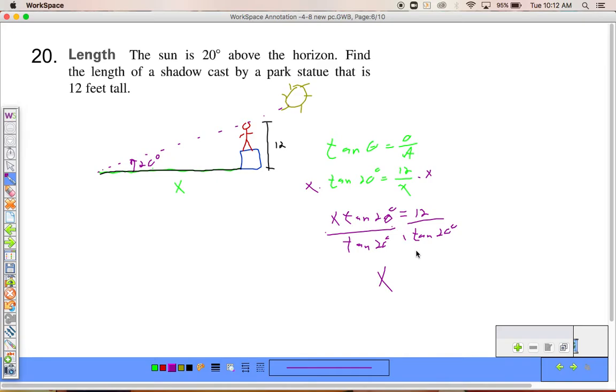And I'm going to plug this into the calculator or Desmos. And get my shadow to be 32.970 feet. Because I'm going to round to 3 places, which makes it 970.